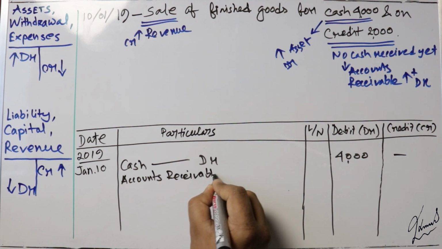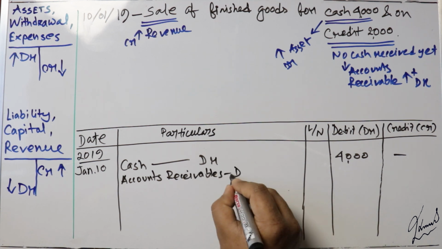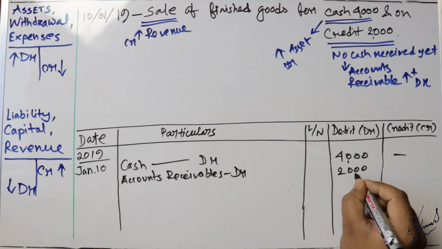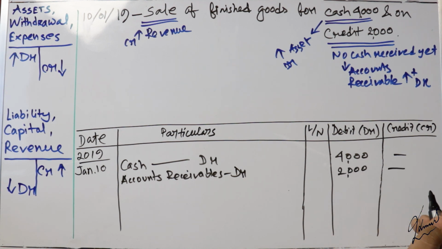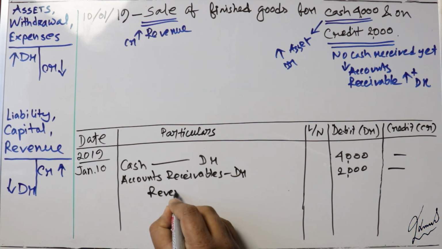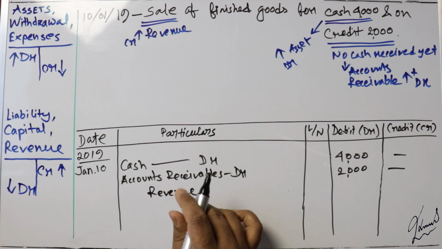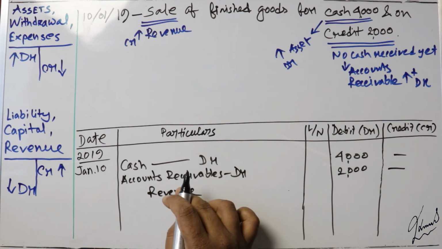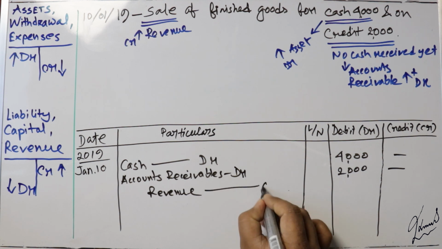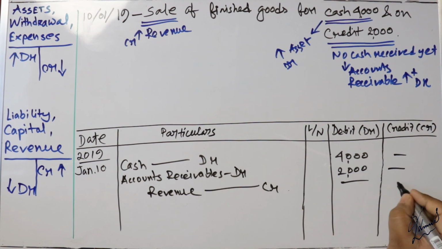We will put 2,000 under the debit column. So here we have two debits but only one credit, but the totals of debit and credit will be equal. So here revenue, credit, and the amount will be 6,000, because total revenue is 6,000, out of which 4,000 we have received and 2,000 we will receive at a later time.